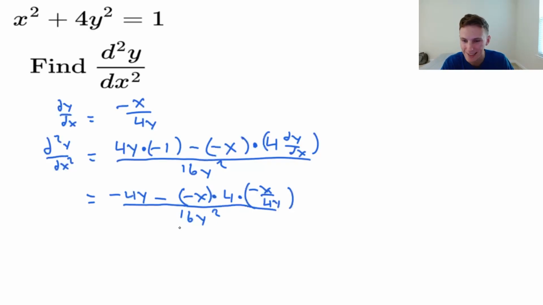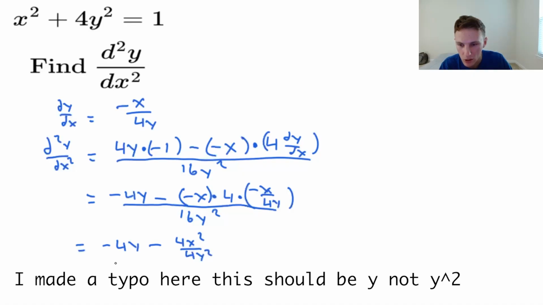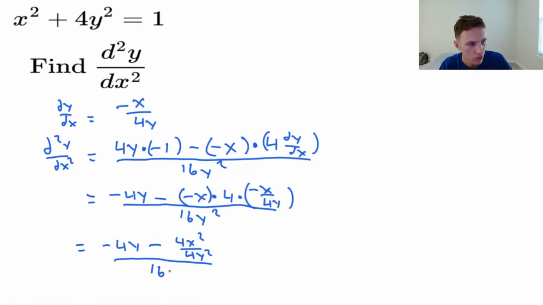I know it's getting nasty. So then let's just simplify this some more. So this will be negative 4y minus, so the negative x times negative x, that'll make that part positive. Okay, that'll put an x squared on the top, and then multiply that 4, that'll also put a 4 on the top, so we'll be left with 4x squared over 4y squared over 16y squared.